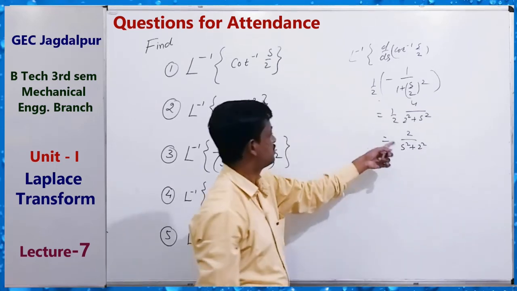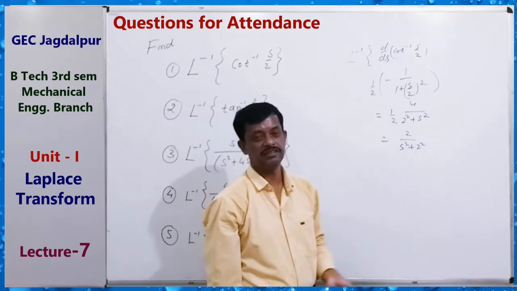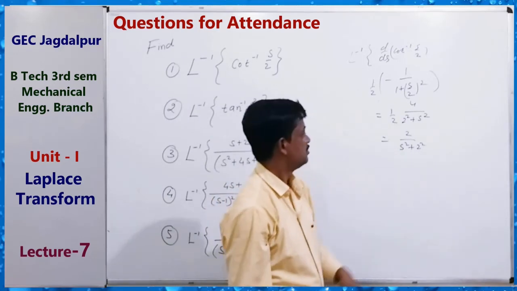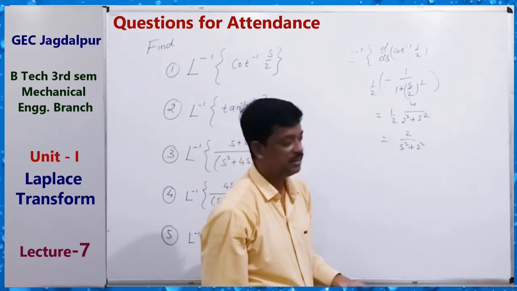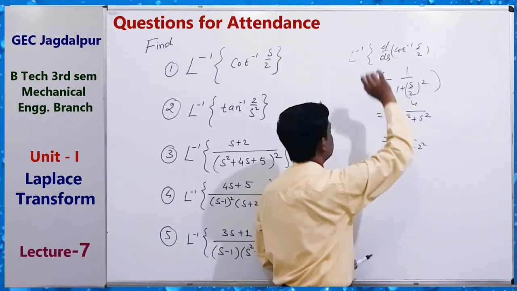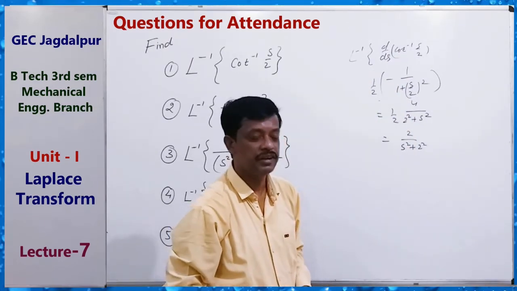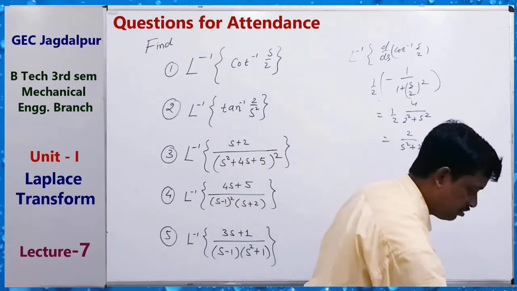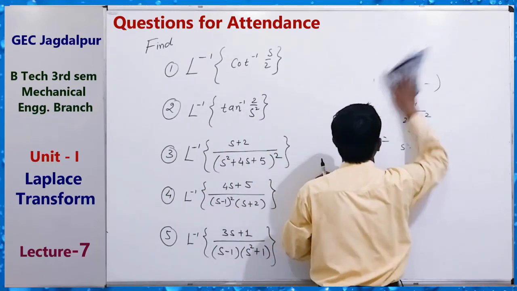And we know its inverse Laplace transform is sine 2t. So you can find it by using the inverse Laplace transform of derivative formula. Okay, this is the hint for the first question.